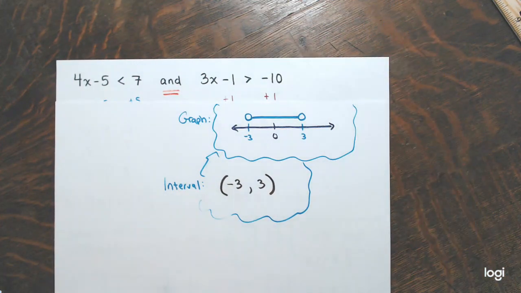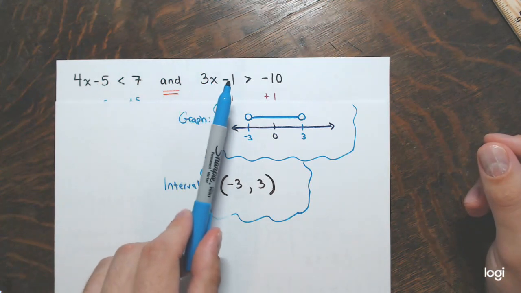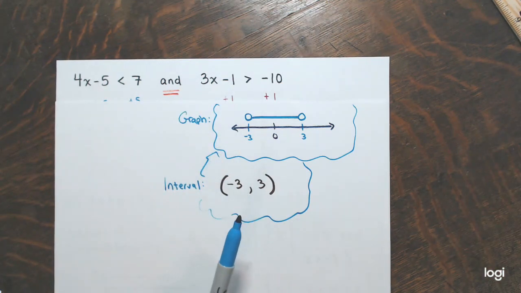And if you want to test it out, pick a number in here. How about 0 or 1 or 2 or 1.5 or 0.3 or -0.75? Just take any number between -3 and 3 and plug it in for x, and you will see that both of these inequalities are true. All right, so I'll do a simple one out loud.